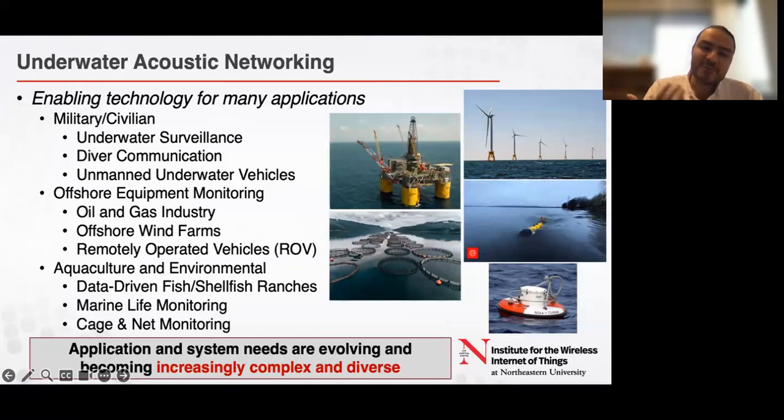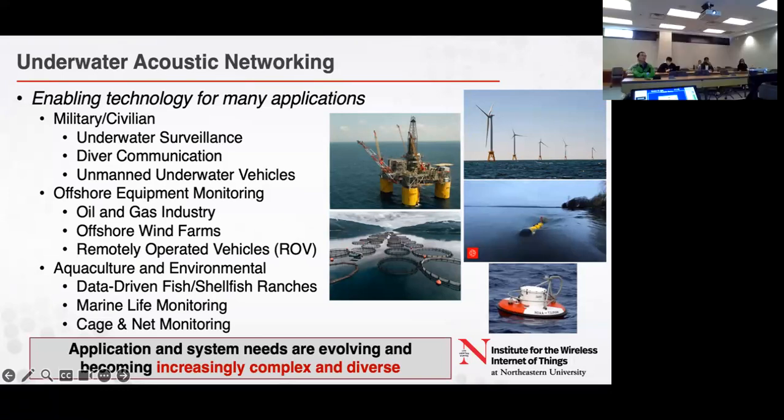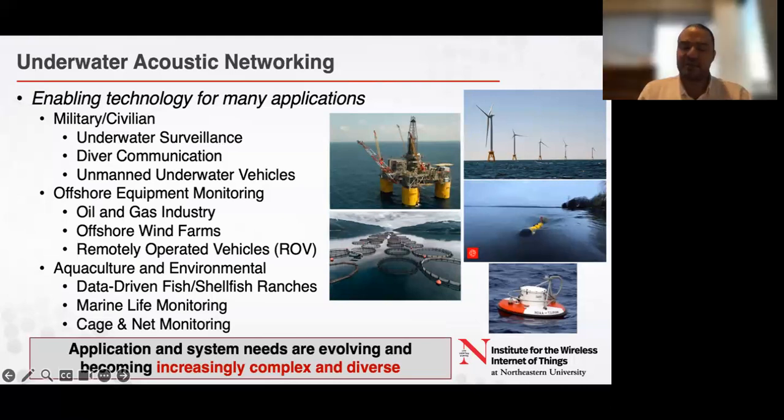There are also new types of offshore equipment to monitor. There are offshore wind farms, which are currently being deployed near Martha's Vineyard, south of Boston, actually. Many offshore wind farms are being built all over the world, but today we don't really know how they are affecting marine life or the flora of the oceans, and what the challenges are there.